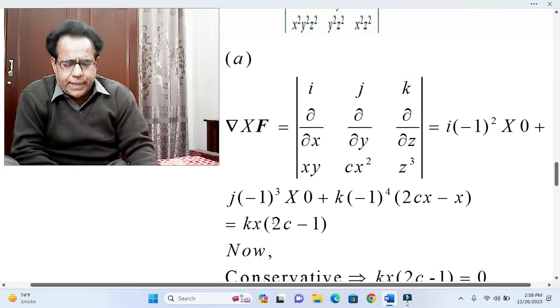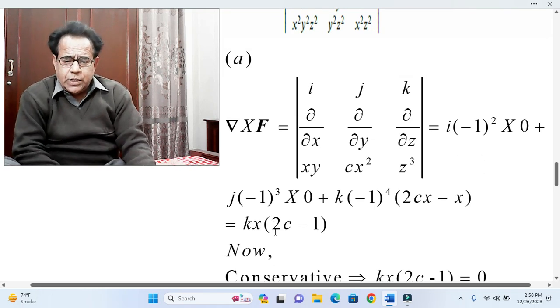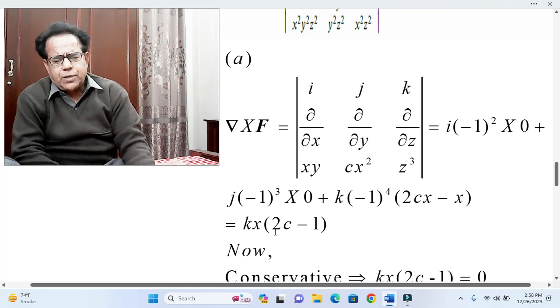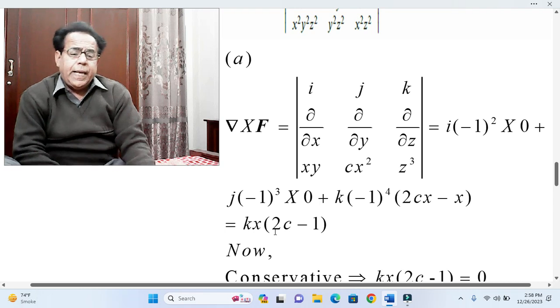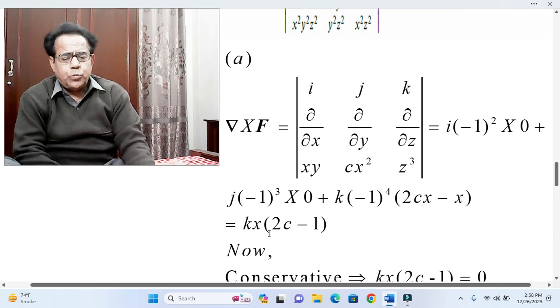Part A. Curl F is equal to the determinant with rows i, j, k; partial over partial x, partial over partial y, partial over partial z; and xy, Cx squared, z cubed. So the given force is i xy plus j Cx squared plus k z cubed.